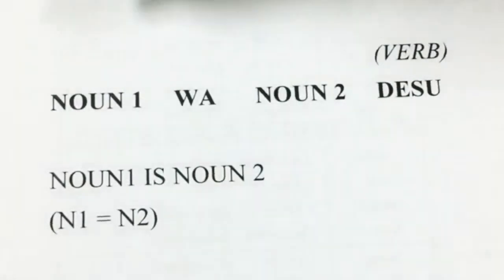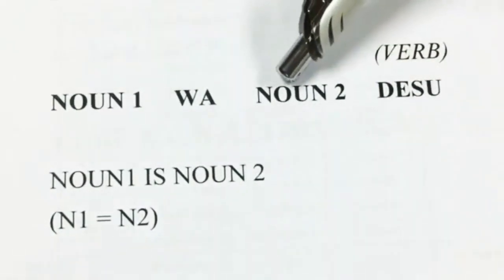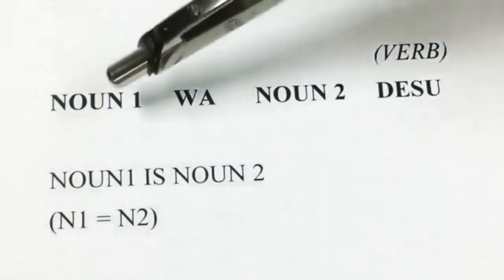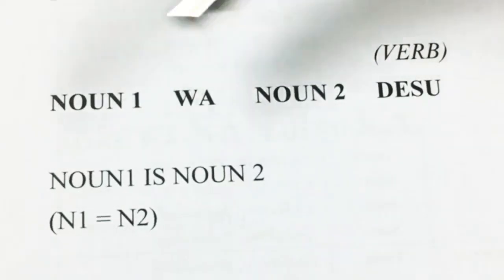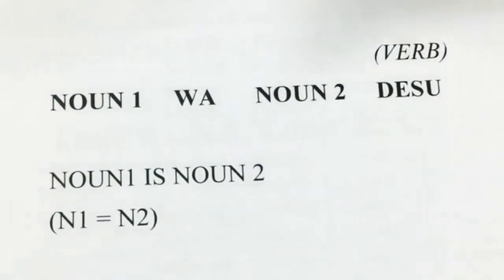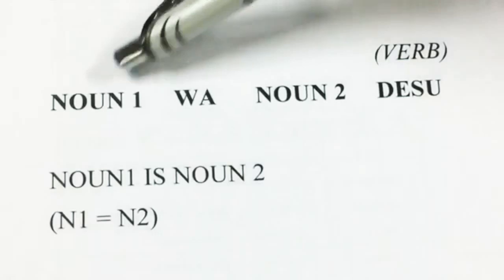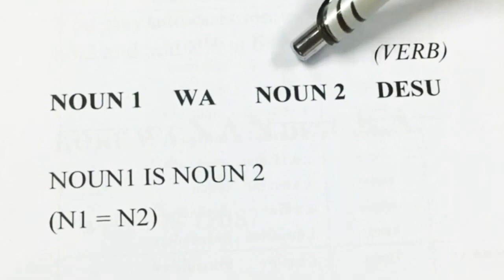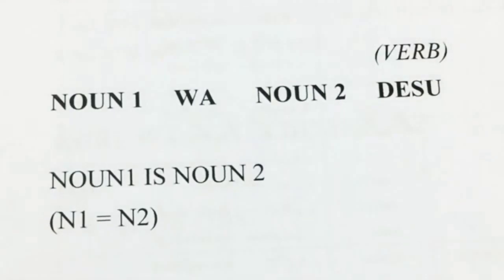So for example, I can put many words here like I am a student, I am a teacher, that is a cat, this one is my dog, that person is Mr. Tanaka, that building is a department store, the book is on the table, something like that.